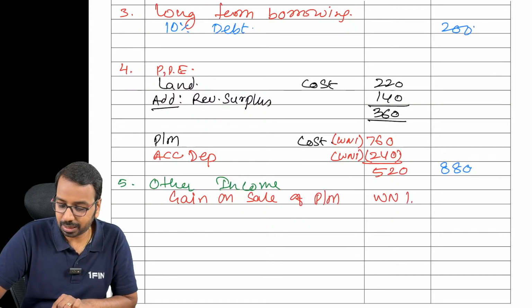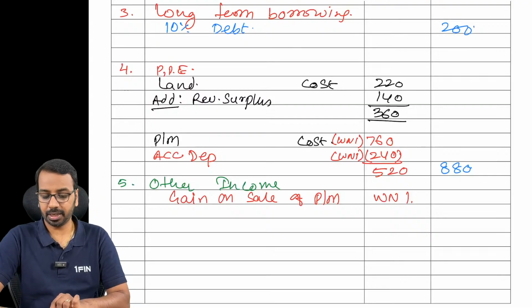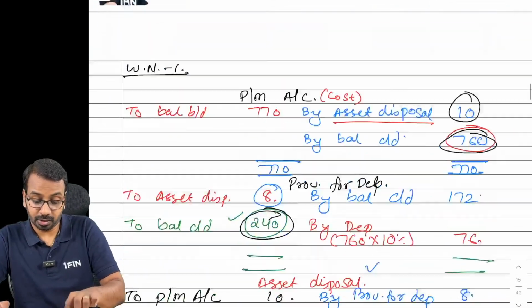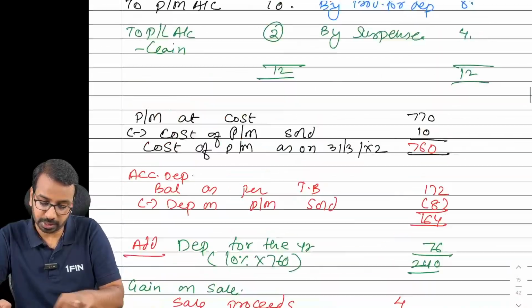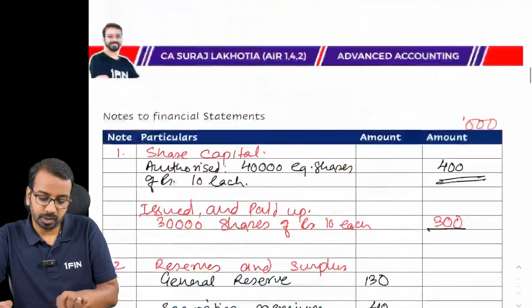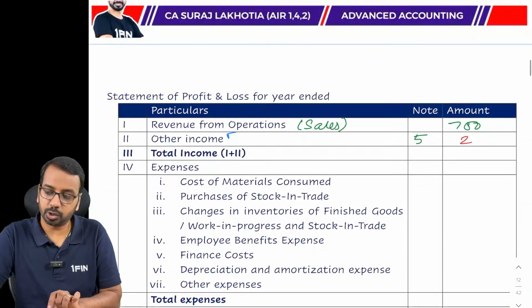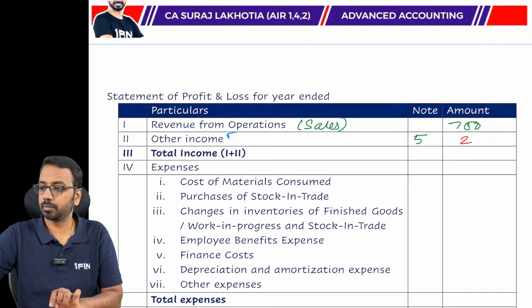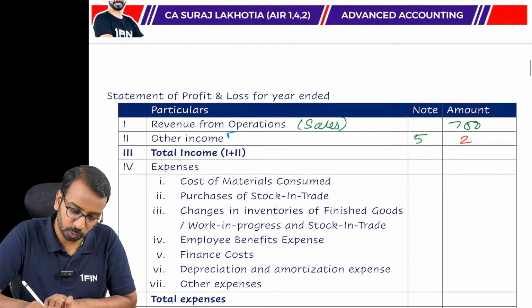How much was that? That number was 200, right? Not 200, sorry, that number was 2, that was the gain. So other income is 2. So here under other income you will mention 2, right? So 700 plus 2, we get how much? 702. Simple.